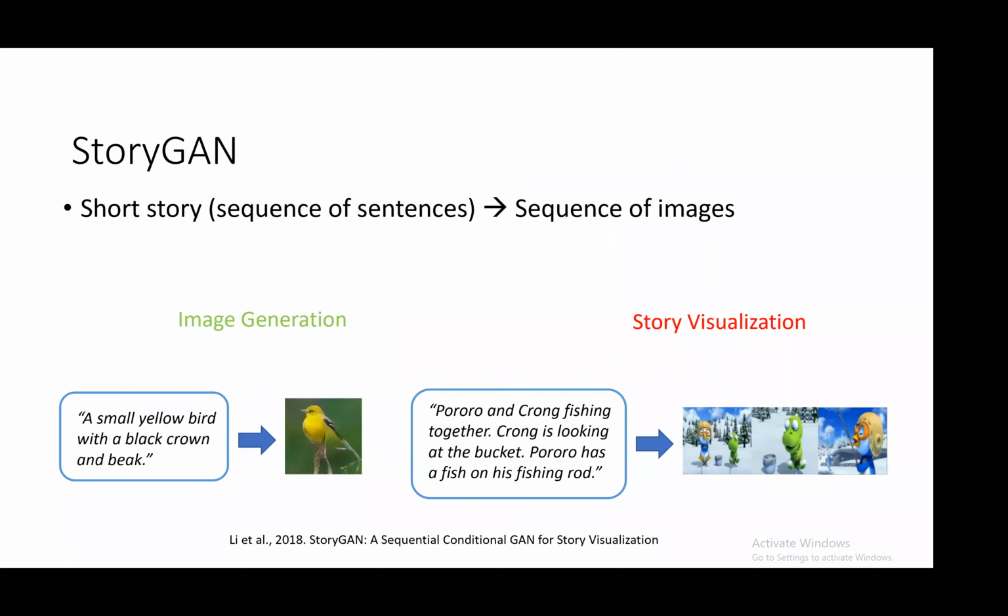After talking about the original or vanilla text to video synthesis, we come to the new task called story generation. This is slightly different from text to video synthesis. The task is first to give a paragraph of sentences, not just one sentence, and try to generate different frames based on each sentence.